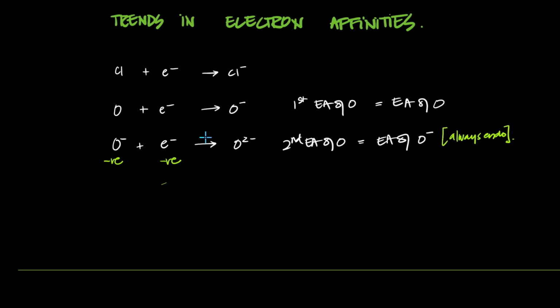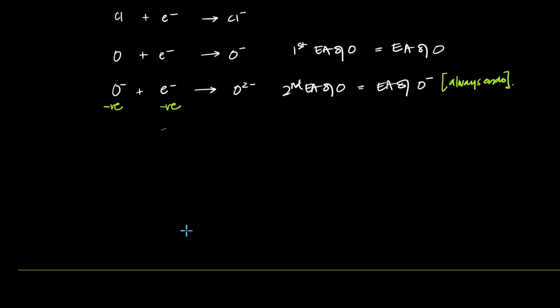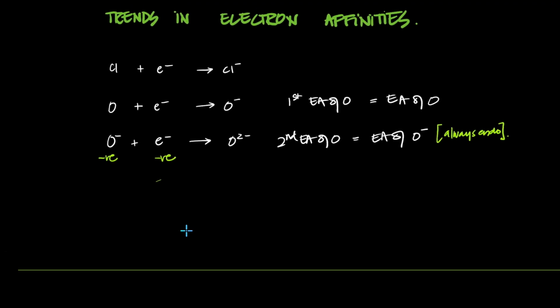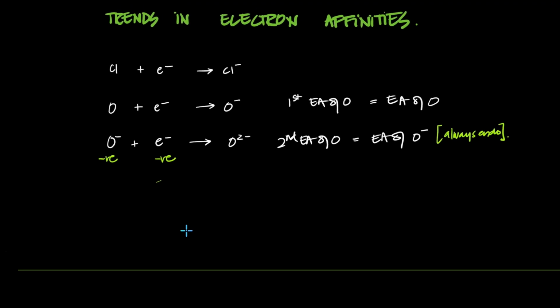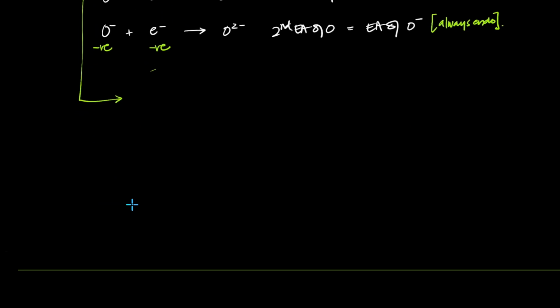Now, this is the stuff that we've already done. What we're going to talk about is how electron affinities vary and what forces affect the variation of electron affinities. When I talk about any electron affinity, let's say chlorine, I'm talking about the chlorine atom.